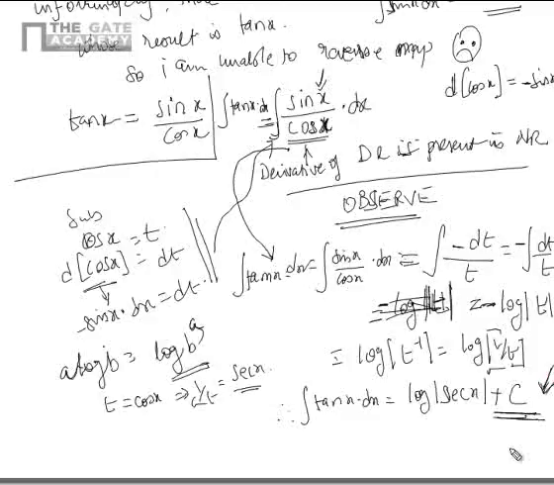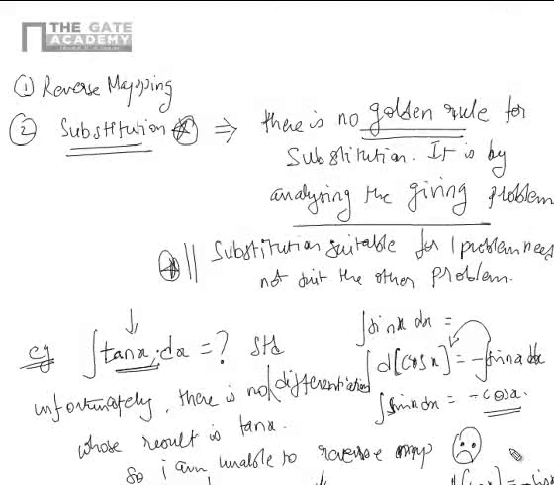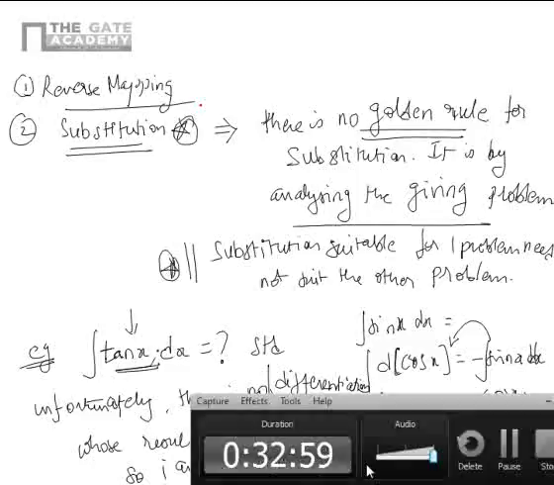So for the integrations we have seen so far, by reverse mapping also, this constant will come. Why does c come in integration? That is the question.